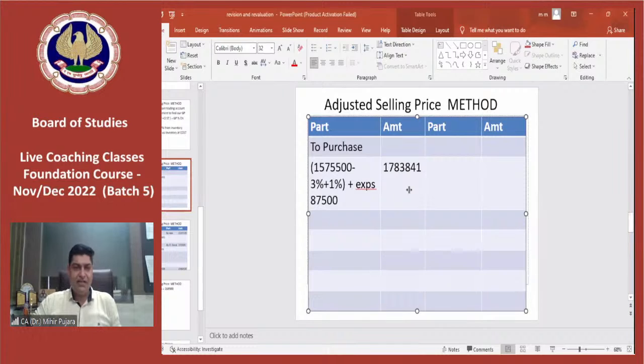So this is your complete purchase, including all. Then sales and closing stock. It is already given in the question, guys. Sales and closing stock already given in the question.